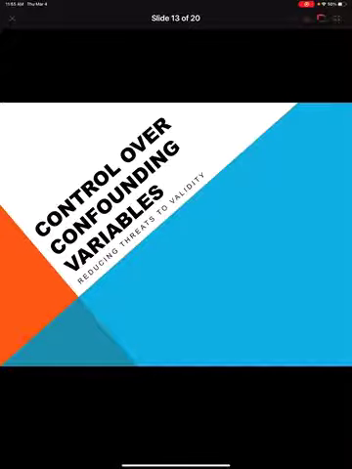Why would you care about ways to avoid things that get in the way between what you know about the relationship between the independent variable and the dependent variable if you're not manipulating any variables, right? So we're only working with experimental designs.